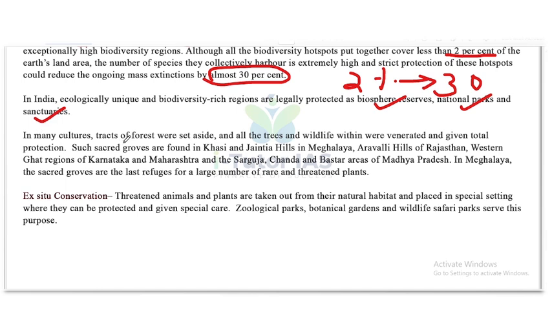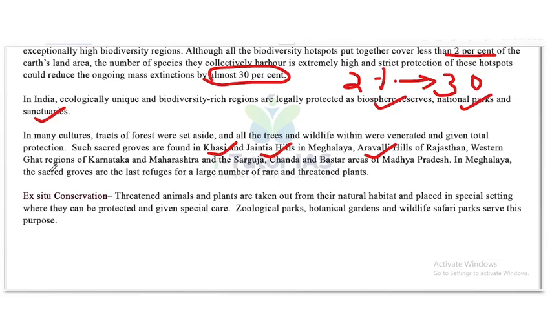In many cultures, tracts of forest were set aside and all trees and wildlife within were venerated and given total protection. Such sacred groves are found in Khasi and Jaintia Hills of Meghalaya, Aravalli Hills of Rajasthan, Western Ghat regions of Karnataka and Maharashtra, and Sarguja, Chanda and Bastar regions of Madhya Pradesh.